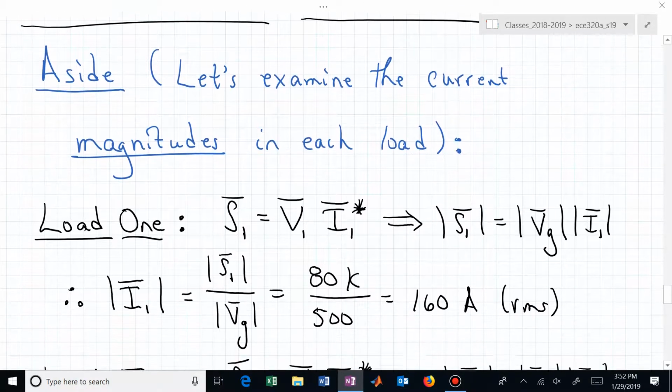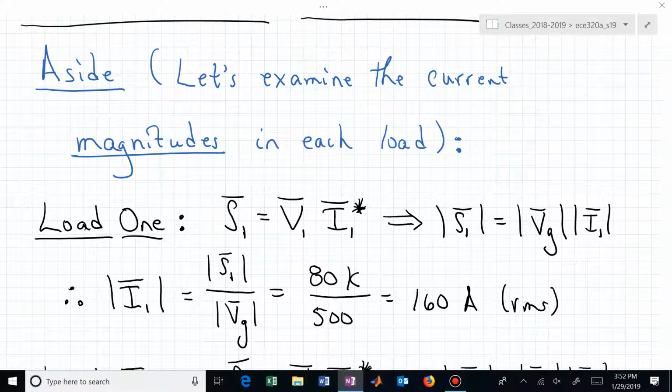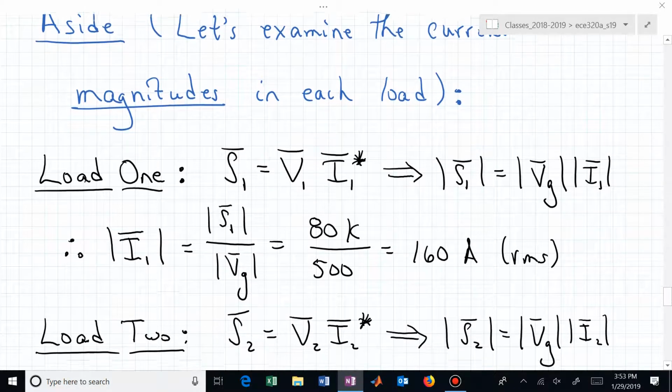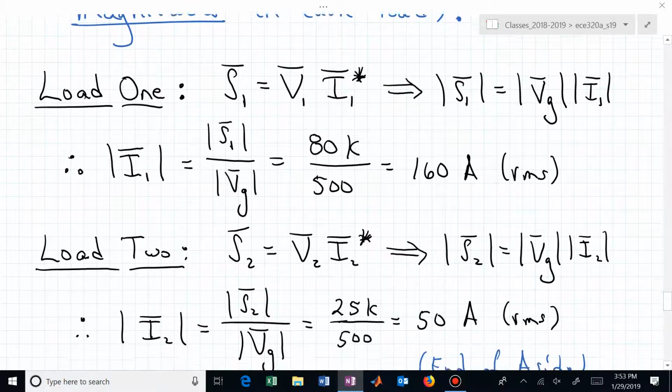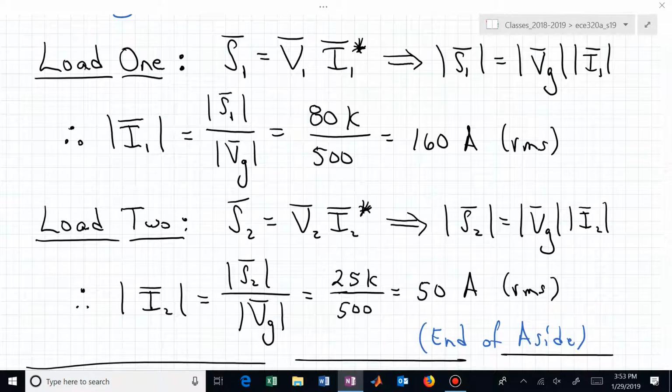Let's look at the magnitudes of each of those loads, load 1 and load 2. We have the same voltage. For S1, we know what the apparent powers are because we found the hypotenuse of each of those complex powers. We found it to be 80K for load 1. Divide that by 500 and we have load 1 asking for a current magnitude of 160 amps.